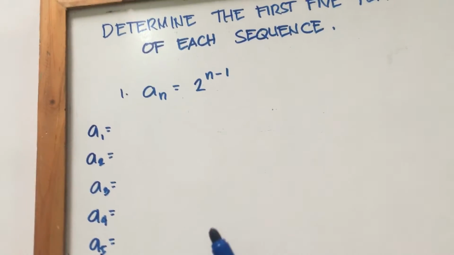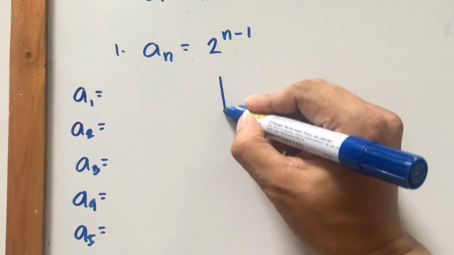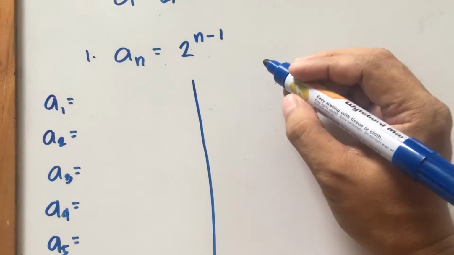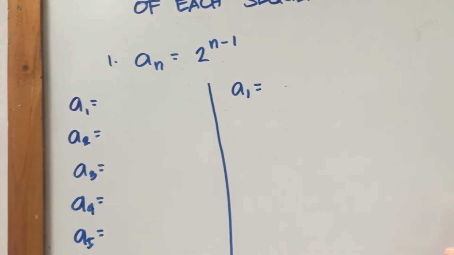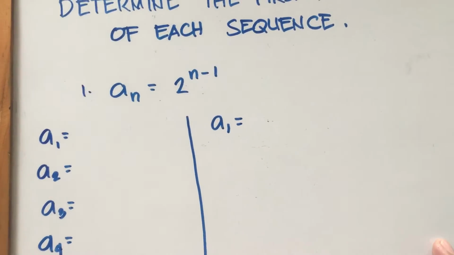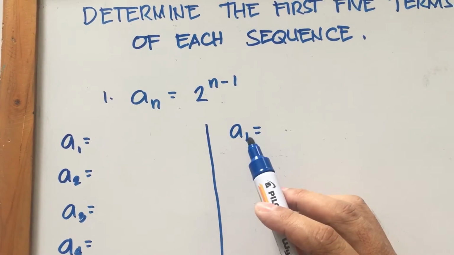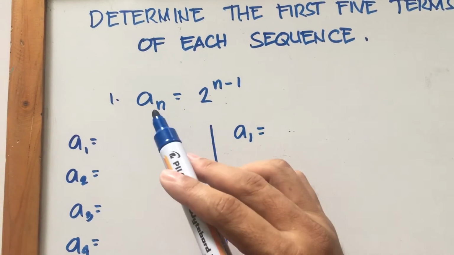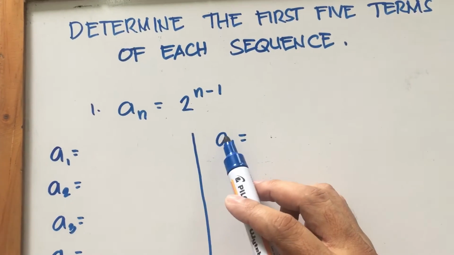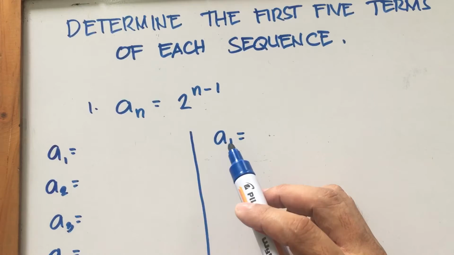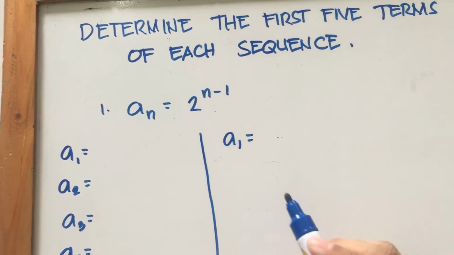To solve this kind of problem, we simply solve first your a sub 1, the first term. We just substitute the value of n into the formula. For a sub 1, the value of n will be substituted by 1.